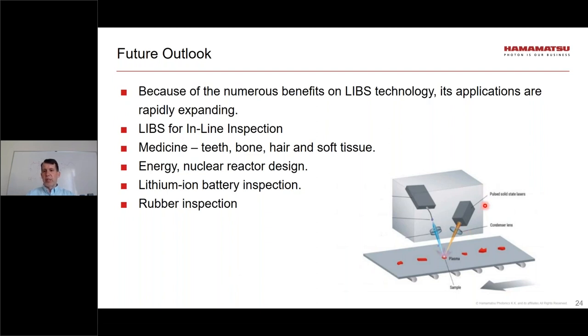Because the high-powered lasers are getting more efficient, we're able to move the sample and the detector a bit further apart, and LIBS could be used for inline inspection of some produce or substances coming past it on a conveyor belt. So look for LIBS in future applications of inline inspection.